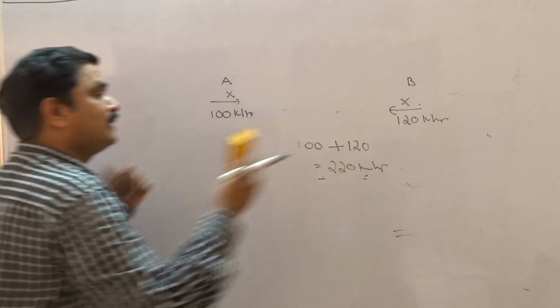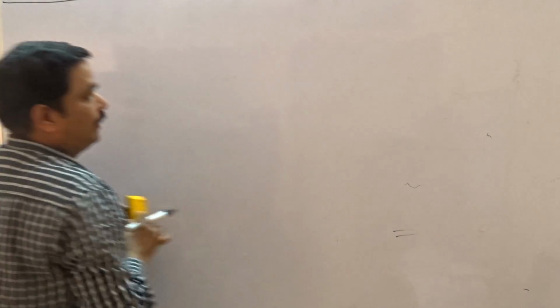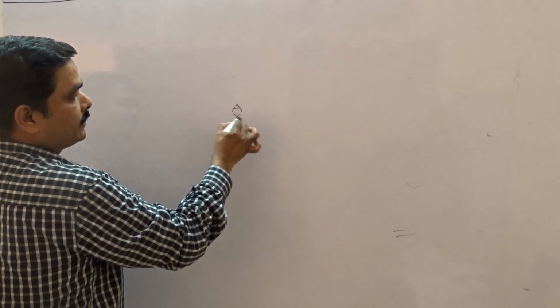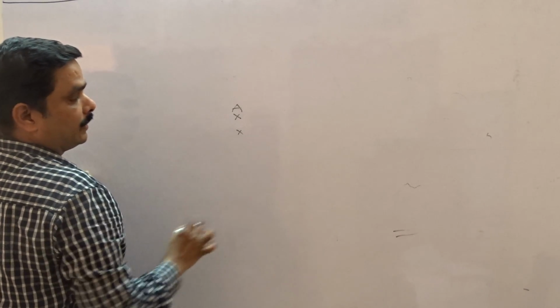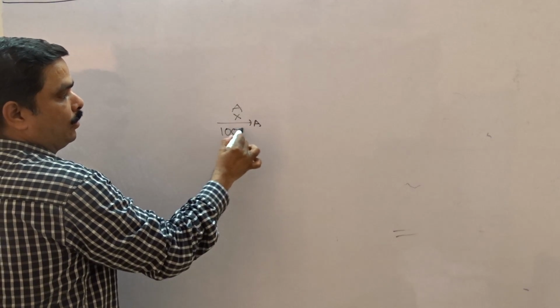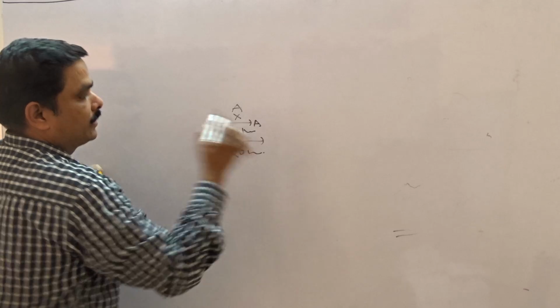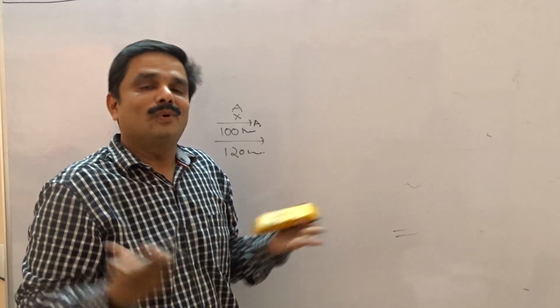Suppose it is the other way, if both are traveling in the same direction. For example, this is station A. Two trains started at the same time from this station. This is train A traveling at the rate of 100 kilometers per hour and train B at 120 kilometers per hour. Both started at the same time. What's the meaning of this?